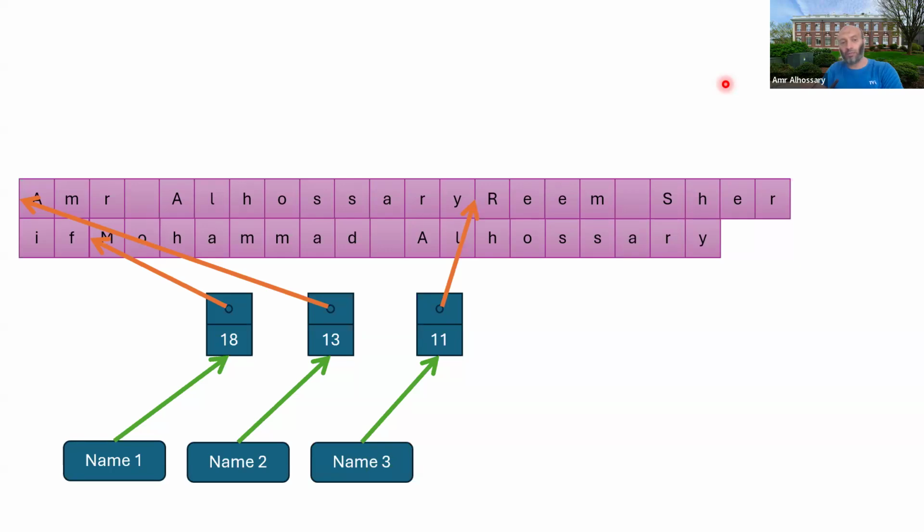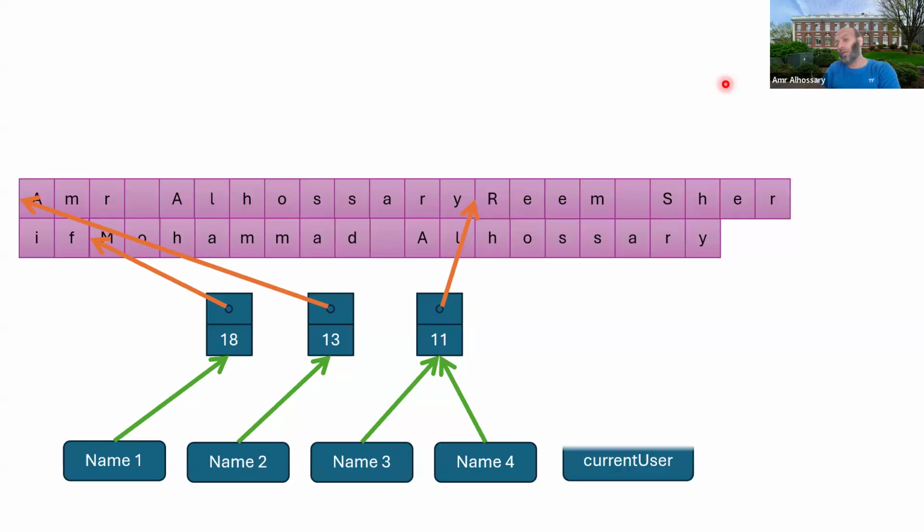How does this come? Suppose we have another variable called name4. Name4 can refer to name3. So now name4 and name3 refer to the same object, which means they refer to Rim Sharif. Another variable called the current user may now refer to name1, which is Muhammad al-Husari.